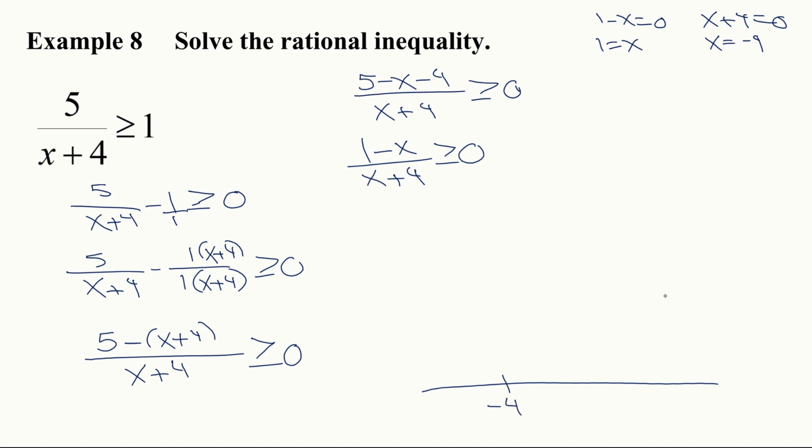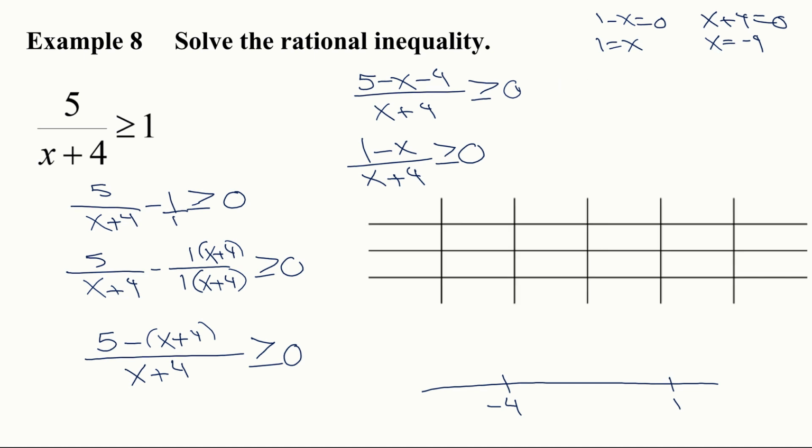Again, put this in the proper order. Negative 4 on the left, 1 on the right, right? So let's bring our table back in. All right, this time the factors of interest are 1 minus x and x plus 4. And then we're going to look at 1 minus x over x plus 4, right?